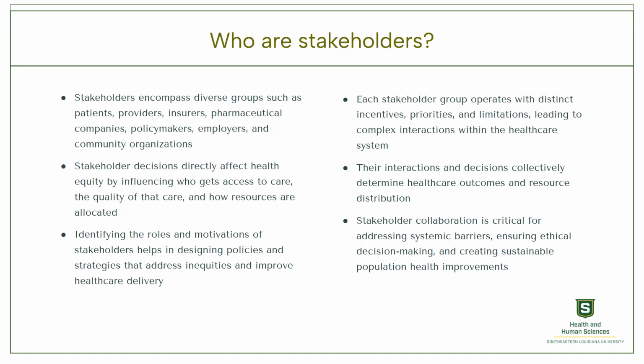The only way to really do equitable decision making, and most importantly, create sustainable population health improvement, is through stakeholder collaboration. So you want to, as much as possible, work with multiple stakeholders when you're trying to achieve a population health goal.